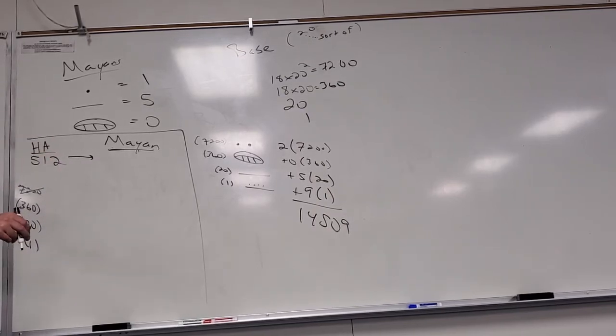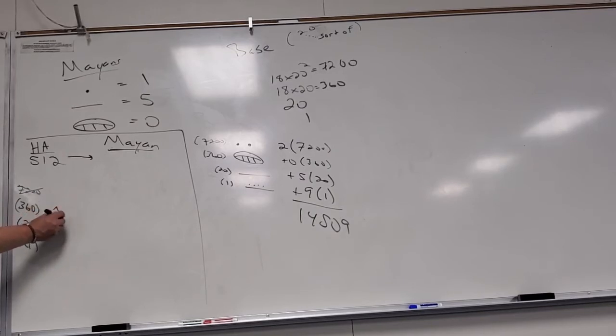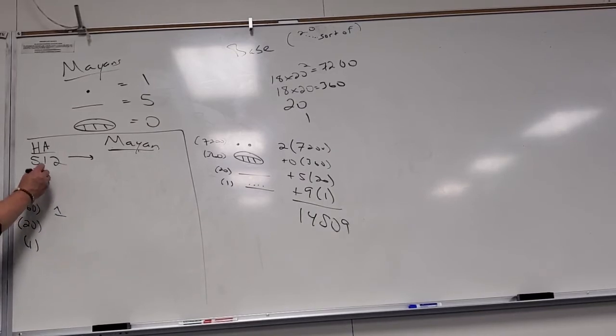So where do we start? 360. All right, 360, I like it. So obviously you just need one of those. I'm just gonna put a 1 here. So 1, 360. So what do I have left to worry about? 152, is that cool?